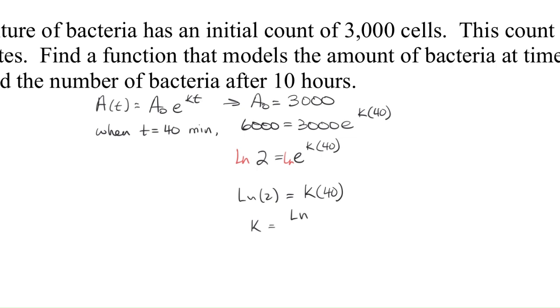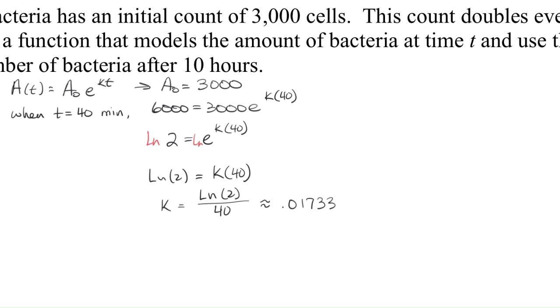So then k is equal to the natural log of 2 divided by 40 minutes, which is about 0.01733. So then the model we can use is the amount at any time t is equal to the initial amount, 3,000, times e, and now we can replace k with 0.01733 times time.